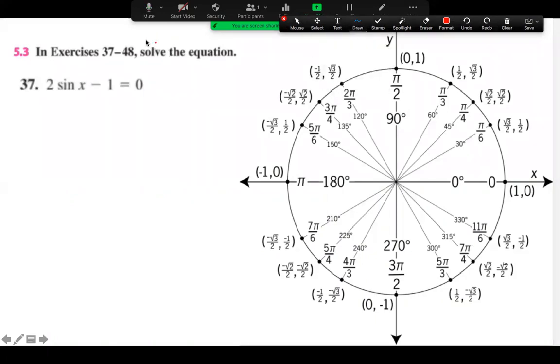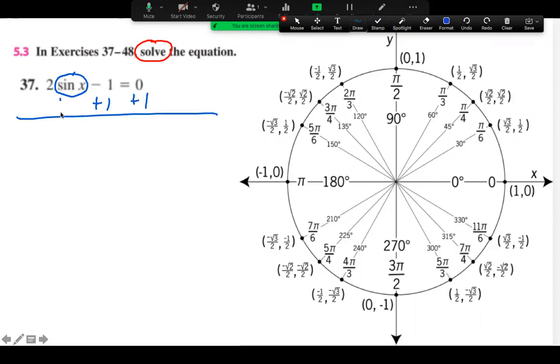And the key to these is to get the trigonometric function isolated by itself. So here we have 2 sine x minus 1 equals 0. I want to get sine x isolated by itself. So my first step in doing that would be to add 1 to both sides of the equation.